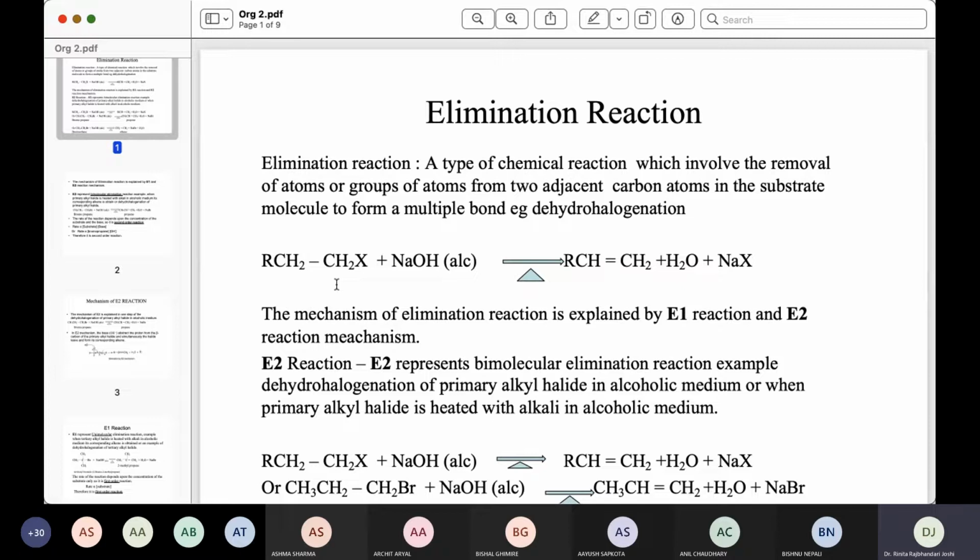SN2 मा हामीले dehydrohalogenation of primary alkyl halide भनेर bromomethane लिएर substitution reaction गर्यो, bromomethane ले methanol दिएको थियो in the SN2. तर यो केसमा हामीले bromomethane लिन मिल्दैन, किनभने group of atoms are removed from the two adjacent carbon atoms of the substrate. है यो याद गर्नु होला.